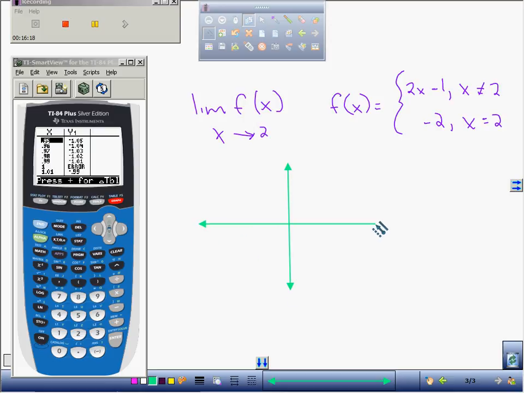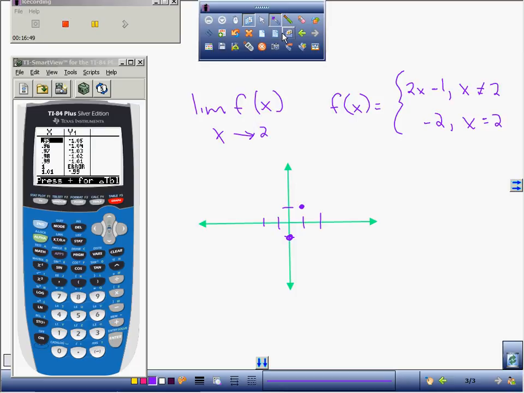And so this is a function who looks like a line, 2x minus 1, for all values except for x equals 2. And so what's the slope of this line? 2, and the y-intercept is negative 1, right? So it has an actual y-intercept that goes through negative 1, and it has a slope of over 1 and up 2. So another point on that graph would be right there, right?